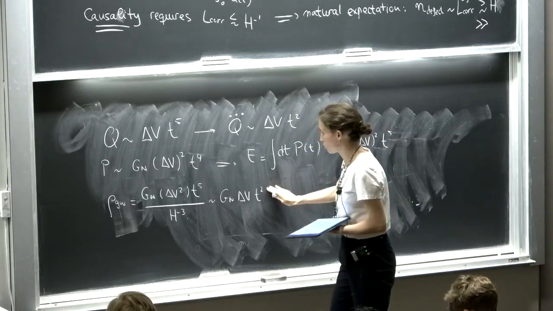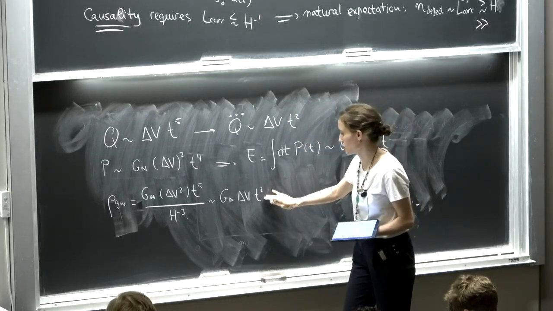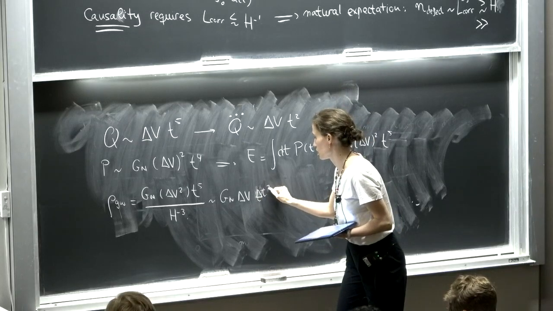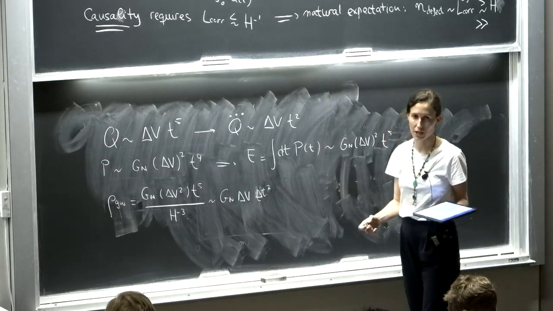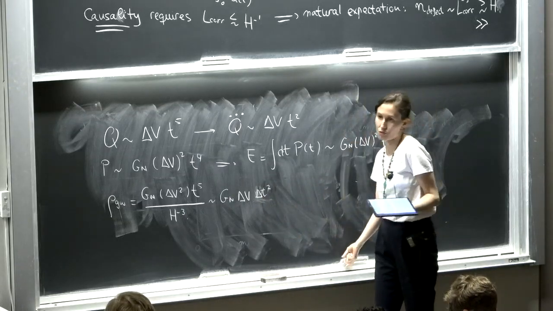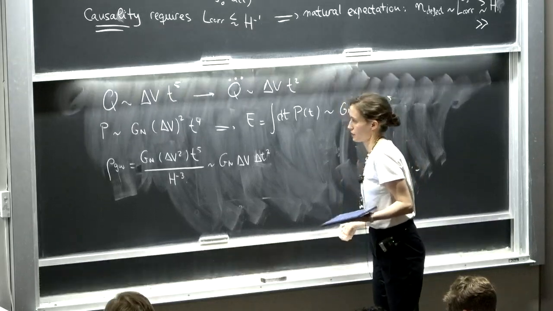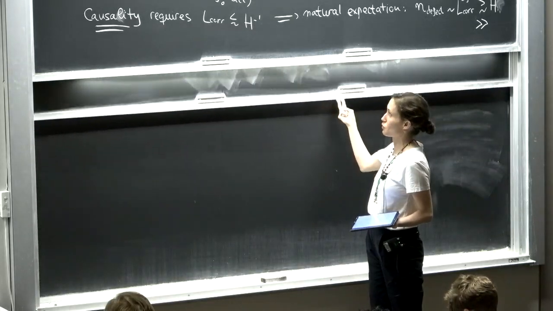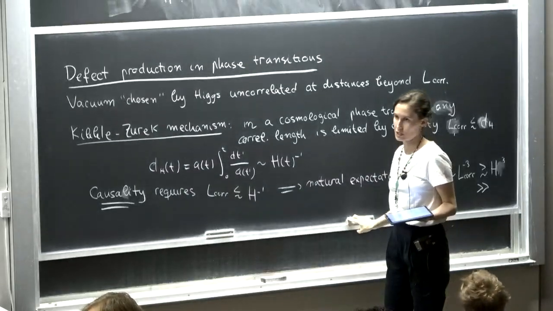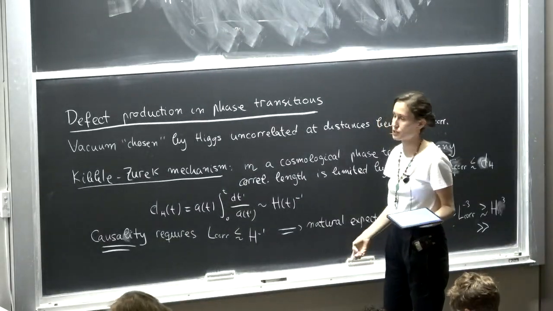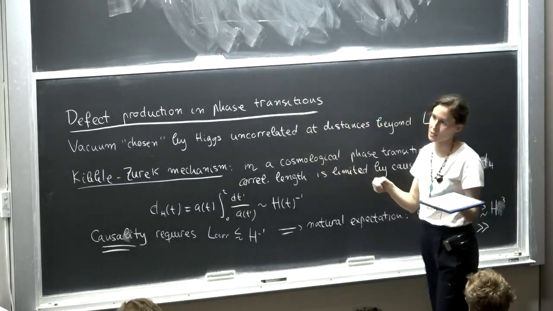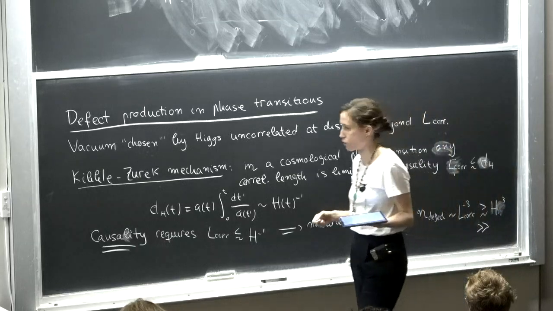If we were a little bit more careful, we could see that actually, rather than t squared itself, this is just delta t, which is to say how long the transition takes. So basically how long the source of gravitational waves is on for. So that's the energy density in gravitational waves, up to factors of order 1, that will be produced in a first order phase transition, but also the same thing is true if that delta V is the difference in energy densities at either side of the domain wall network.